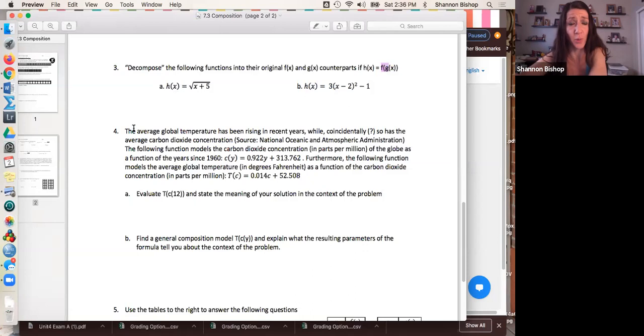And so the way that I like to think about these is there's always the broad view of the function, and then there's like the nitty-gritty pieces of the function. So like, here's what I mean. When I just glance at part A, I'm like, oh, that's a root. It's a root function. And then when I get down to the nitty gritty, I'm like, oh, but it's not just any old root, it's the root of x plus 5.